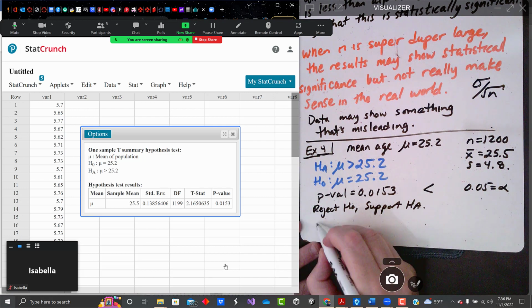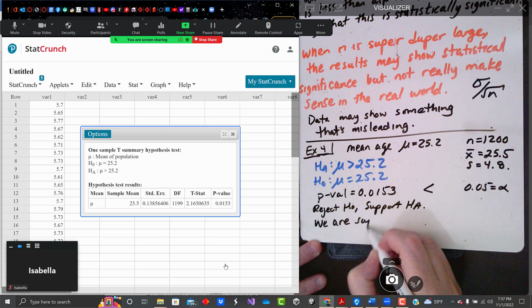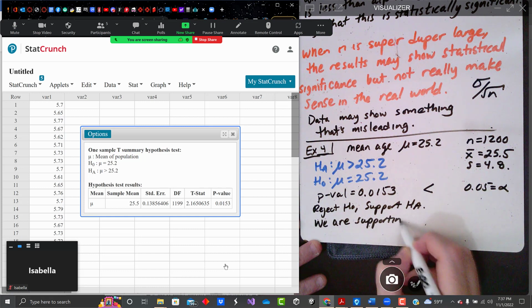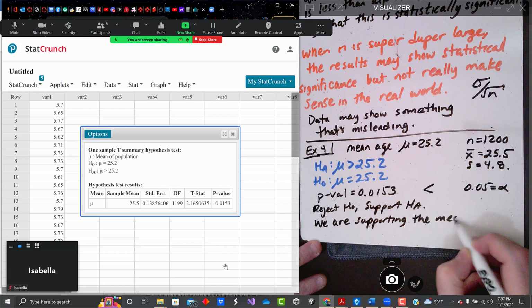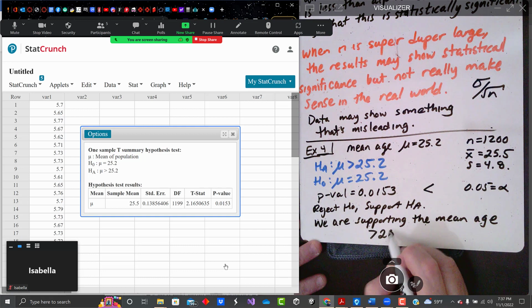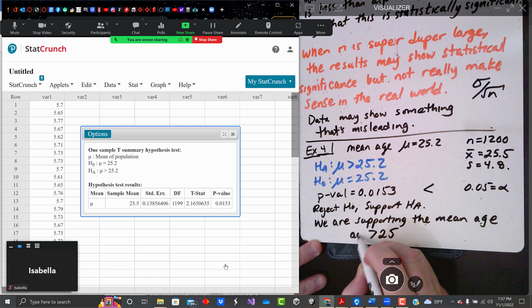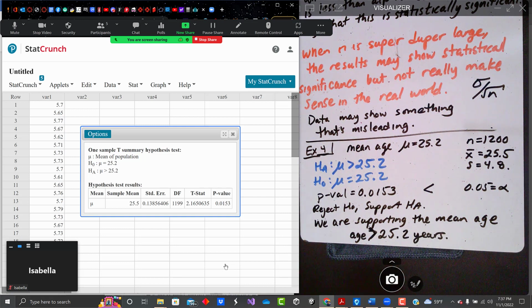So we are supporting the mean age is greater than 25.2 years. That's our conclusion based on the evidence.